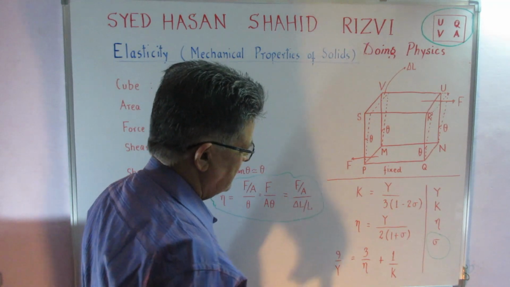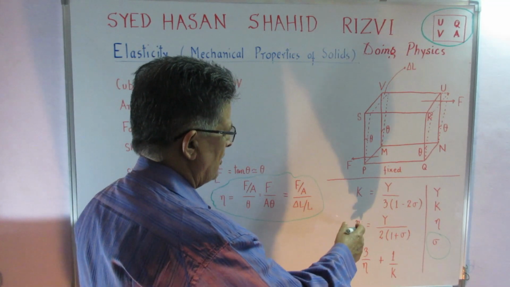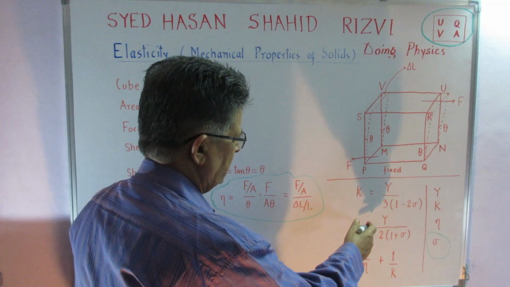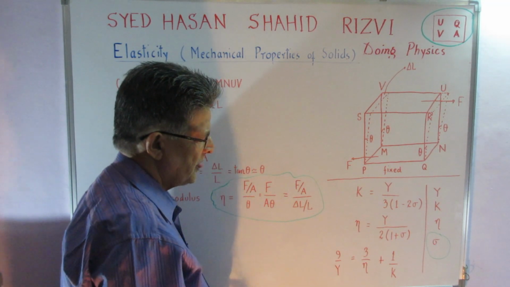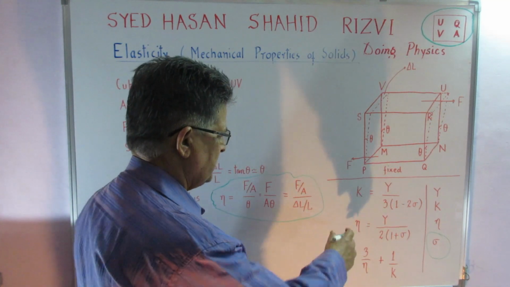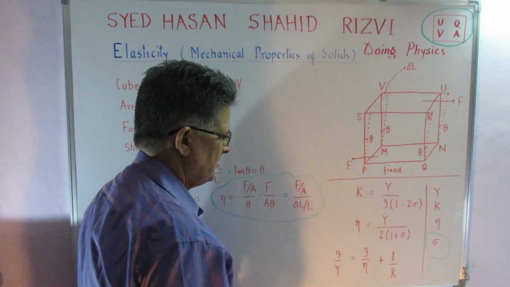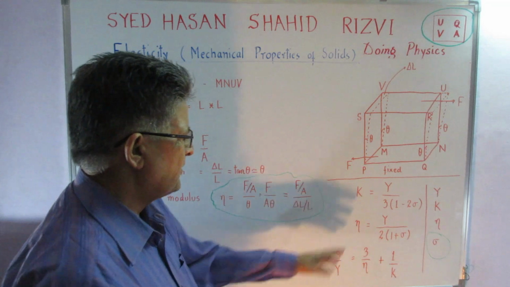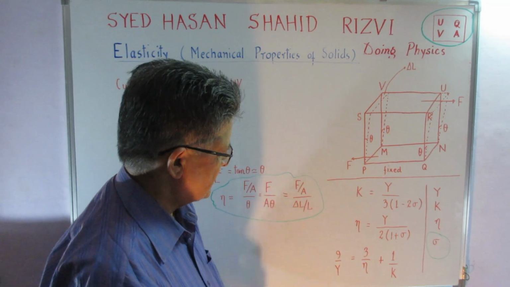Second relation: the modulus of rigidity and the Young's modulus are related along with the Poisson's ratio as eta is equal to Y divided by 2 into 1 plus sigma. You can just write 2 into 1 plus sigma is equal to Y upon eta.